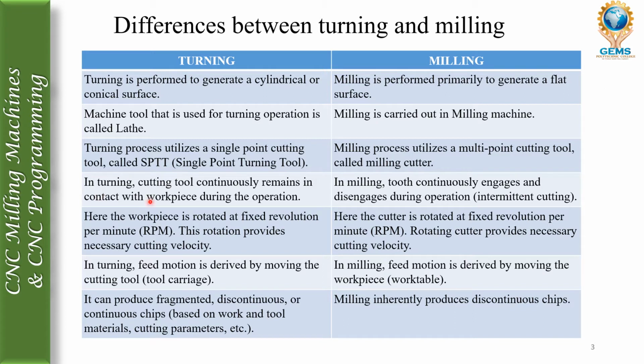In turning, the cutting tool is continuously in contact with the workpiece during the operation. But in milling, the tooth continuously engages and disengages during operation. That means it is an intermittent cutting.